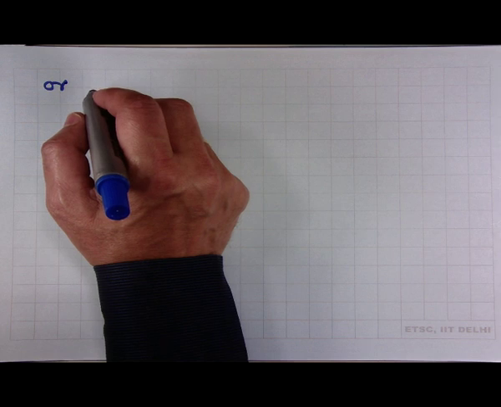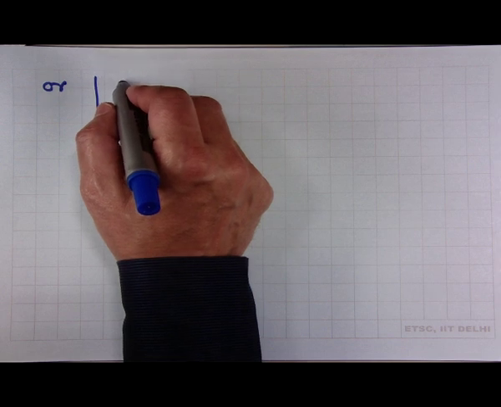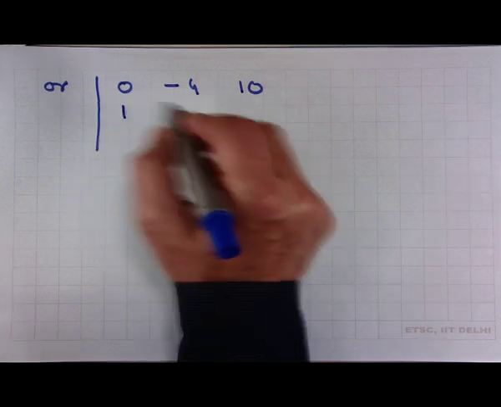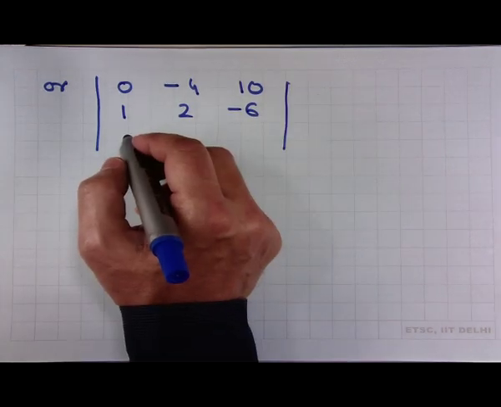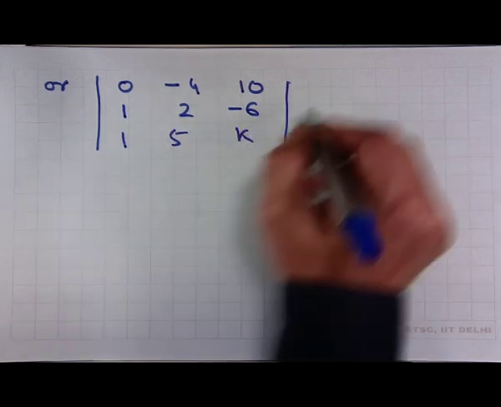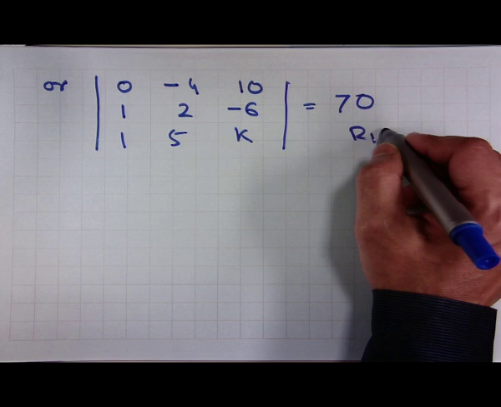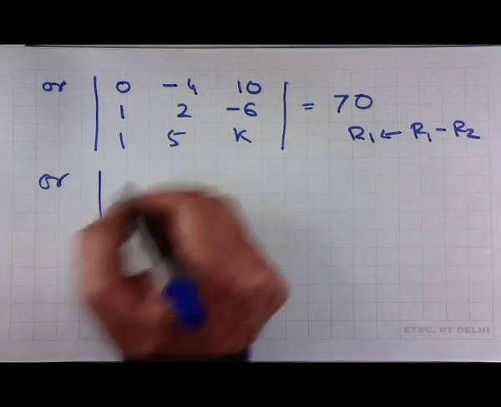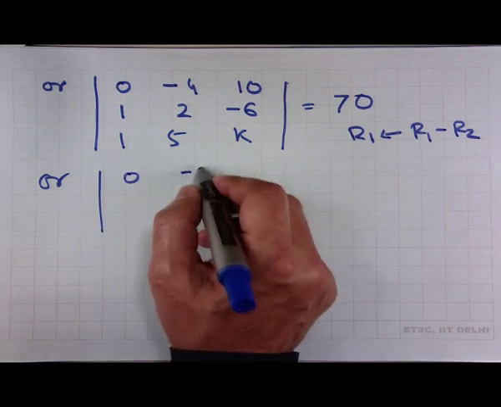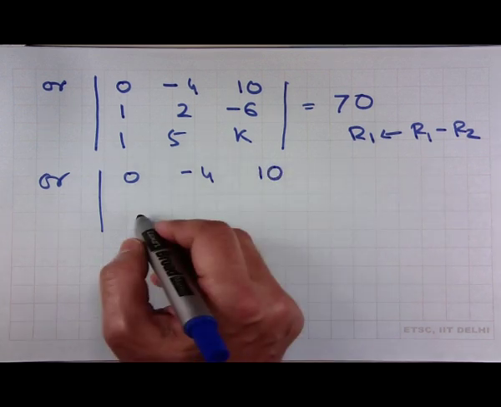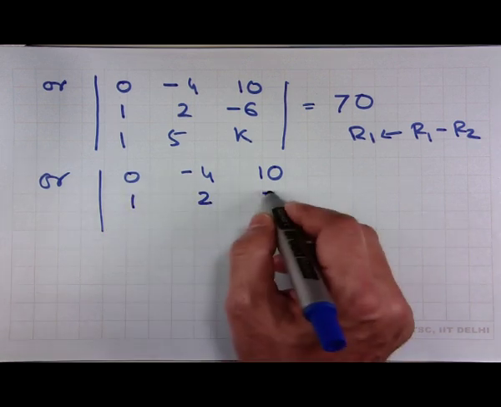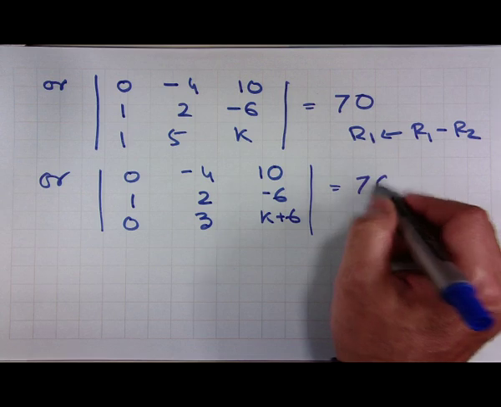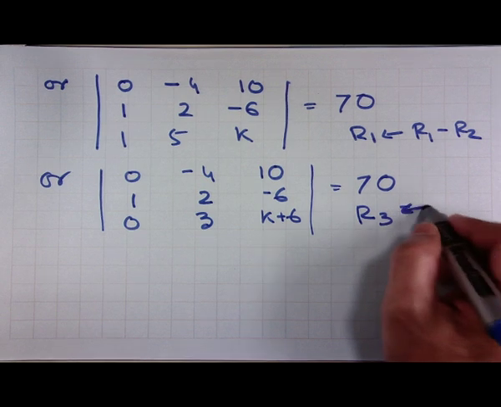Doing R1 equal to R1 minus R2, we get the determinant of [0 -4 10; 1 2 -6; 1 5 k] equal to 70, and then by doing R3 equal to R3 minus R2, the determinant of [0 -4 10; 1 2 -6; 0 3 k+6] is equal to 70.